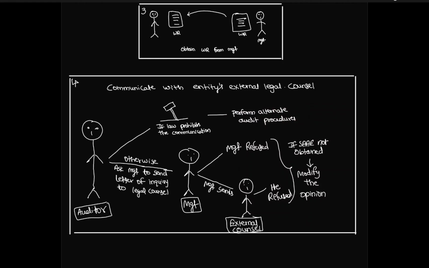Otherwise, if the law allows and the auditor asks management to send a letter of inquiry to legal counsel and management refuses, or if the auditor asked management to send a letter of inquiry and management sent it but external counsel refused, in the first case management refused and in the second case external counsel refused. In these cases, if we did not obtain sufficient appropriate audit evidence, then we have to modify the opinion because we don't have any other option.